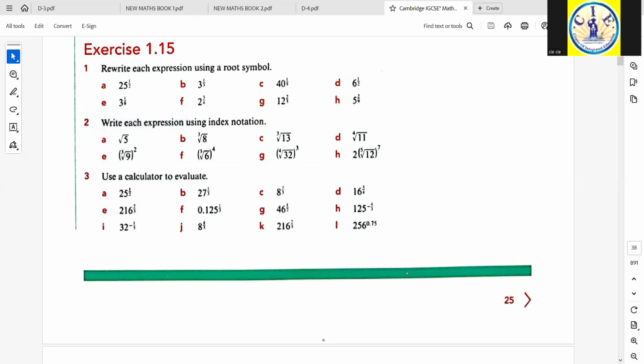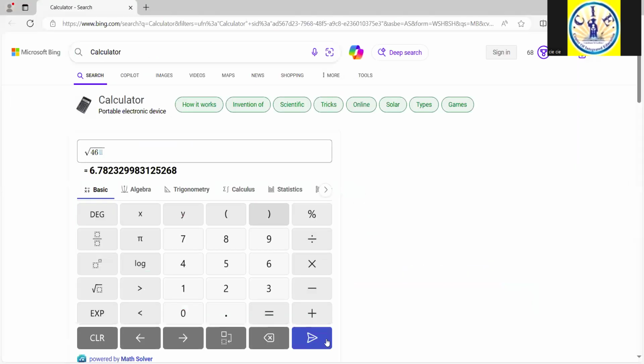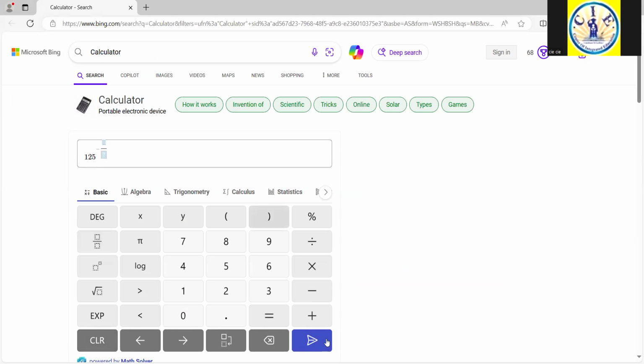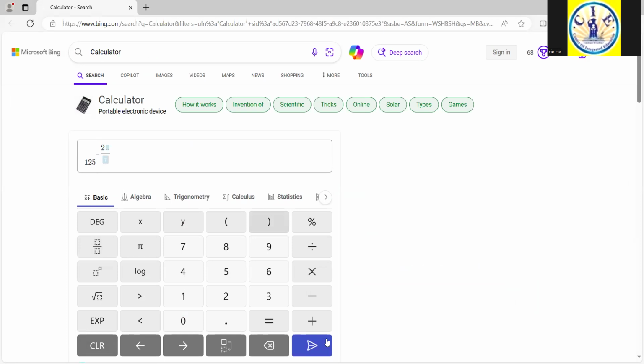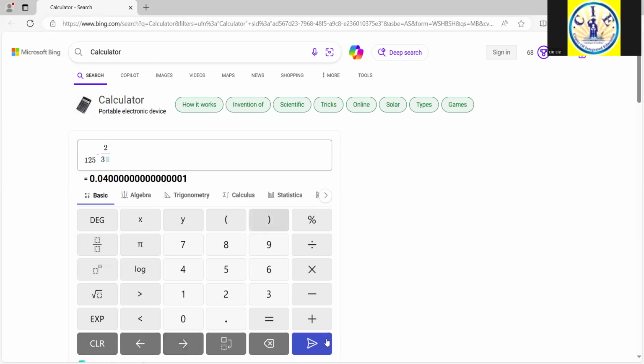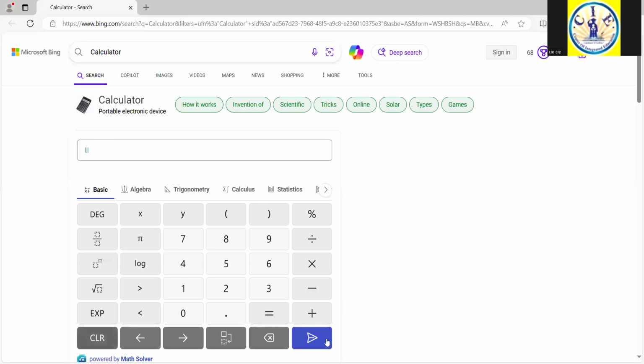So I can have 125 raised to the power negative, then that was 2 by 3, or 1 by 3, I guess. So that would give you the required format, how it is to be done.